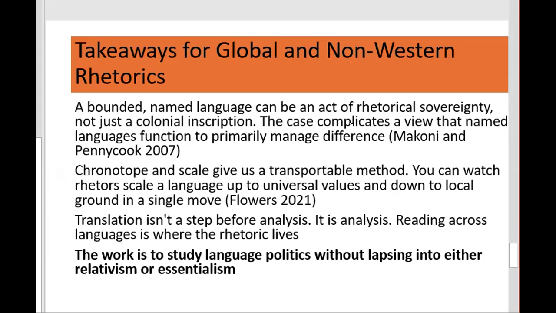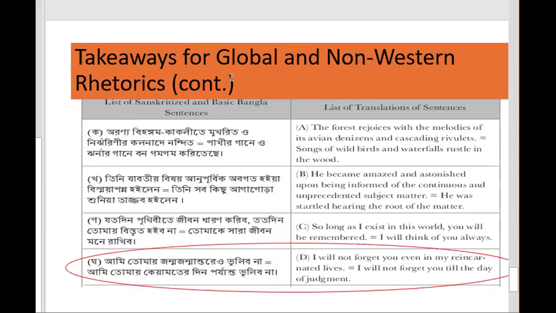The other thing that I didn't really talk about here is that translation is part of the analysis. Because I was working with a multilingual corpus throughout, I had to work with my own act of translation and machine translation all the time to see what analysis is going on here. And to give you an example, these are some of the examples in the standard language argument that was made by Shaj Bangla people.